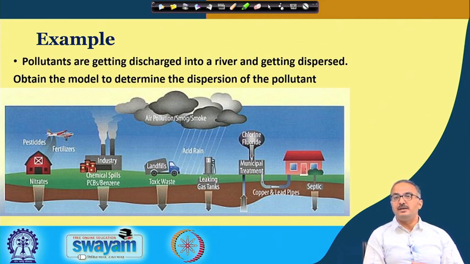Next, we come to a very common example in which many times we are nowadays quite concerned with environmental pollution. And you know that environmental pollution may be happening due to land pollution, water pollution, or air pollution. We also have noise pollution and thermal pollution.